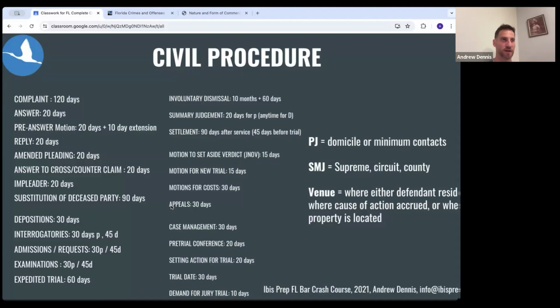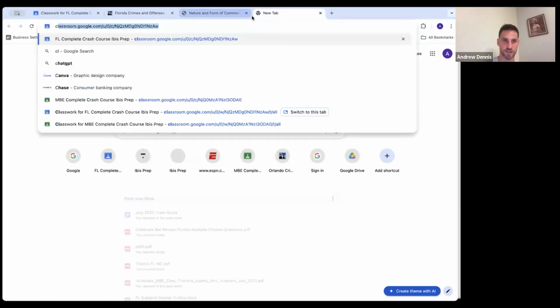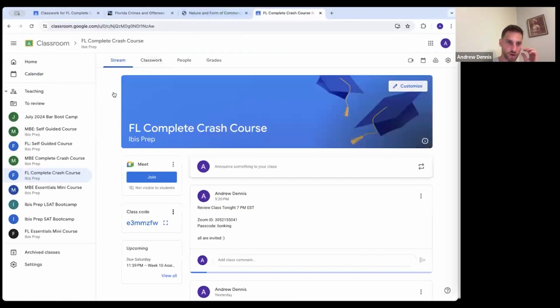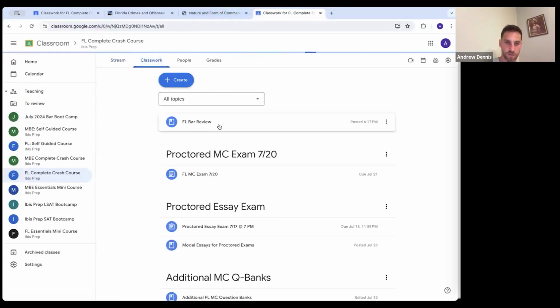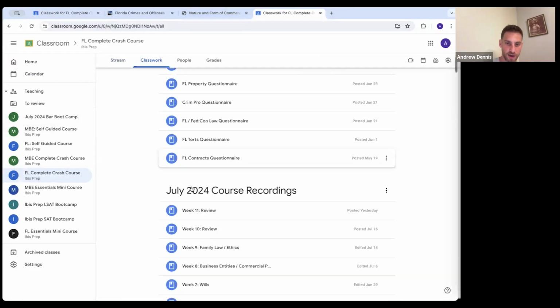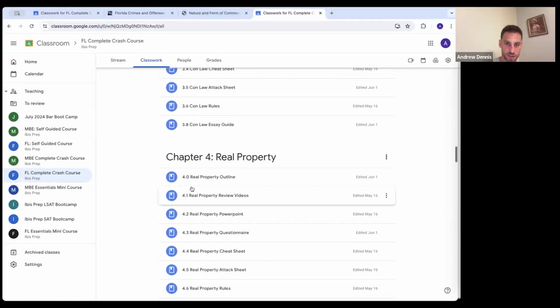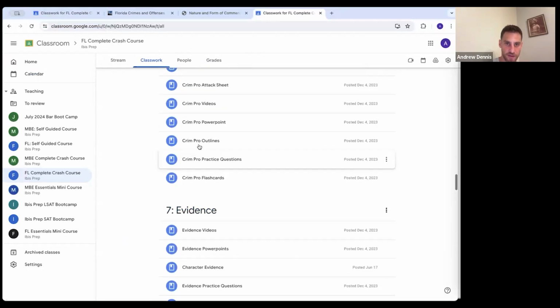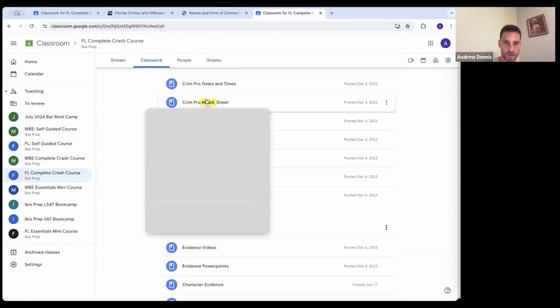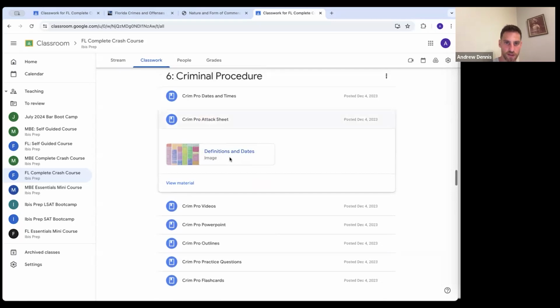We have them in the classroom, like detailed on a document that you could study. I do think that's an important thing to study right before the exam. And just to remind everyone what some of the best resources are. Let's say you go to civil procedure and then you look at criminal procedure.